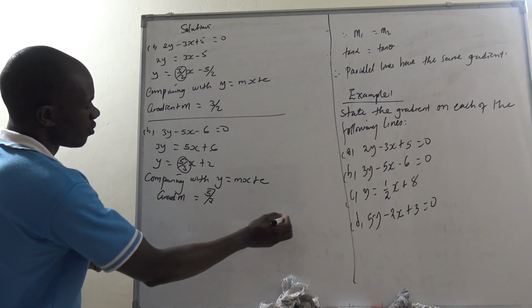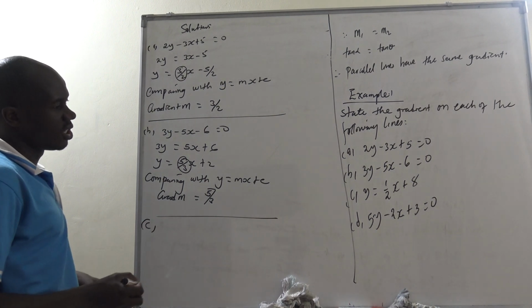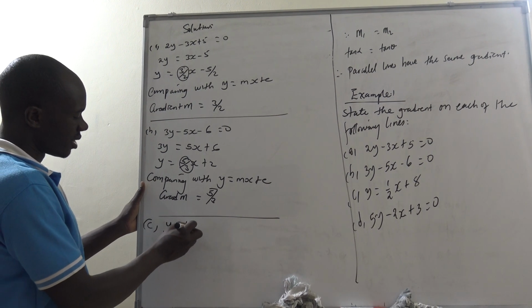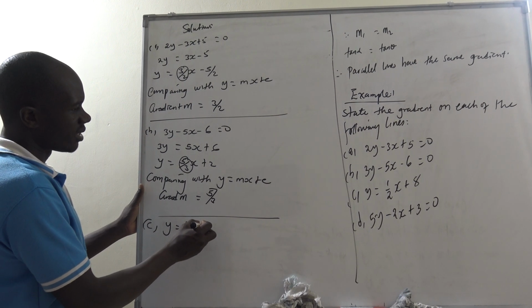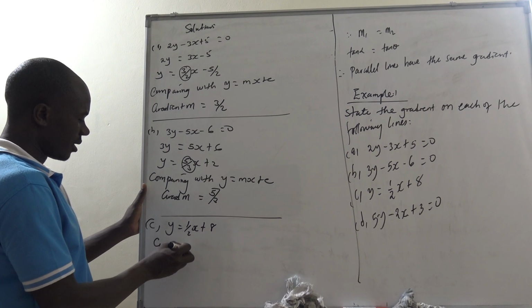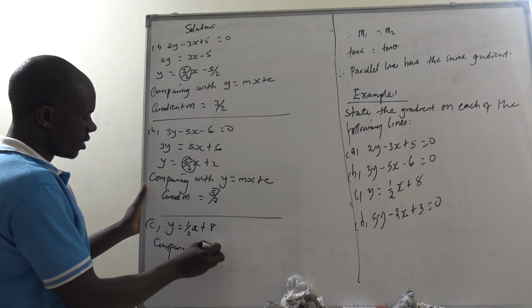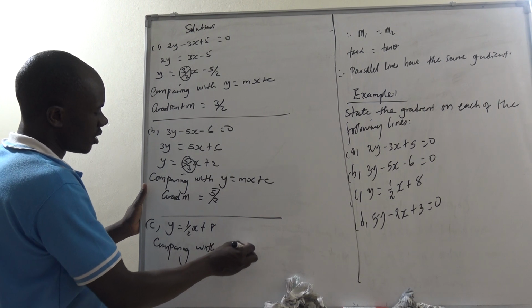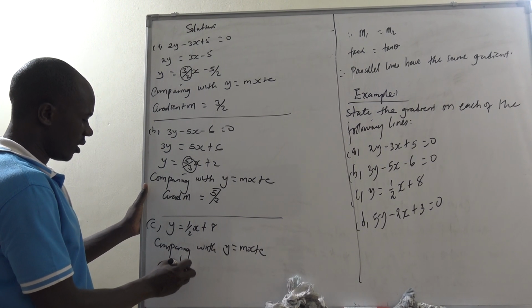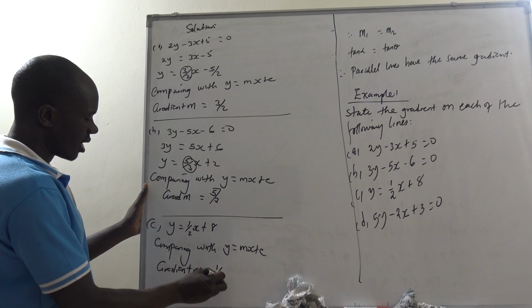Moving to part C: y equals half x plus 8. Comparing with y equals mx plus c, our gradient m equals half.